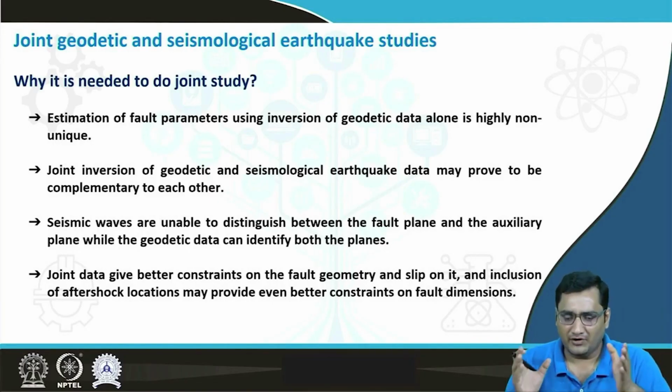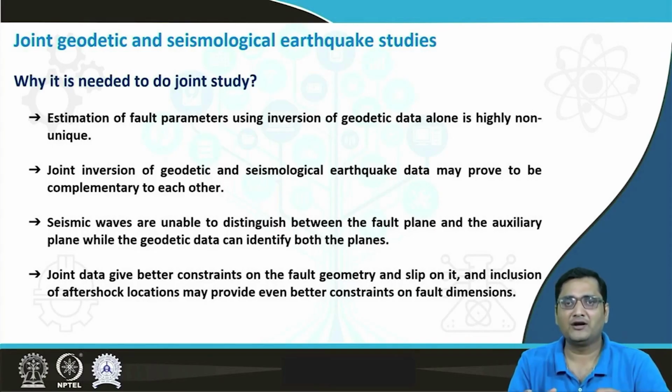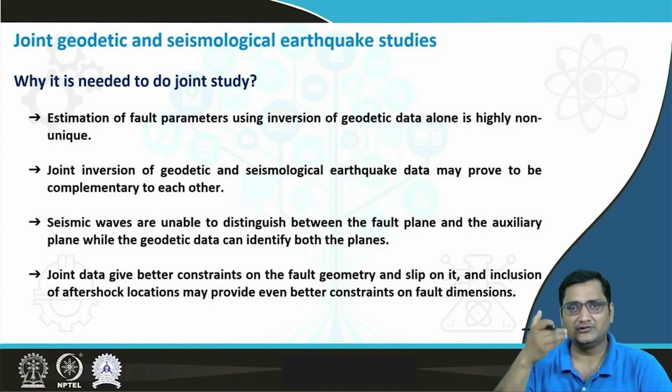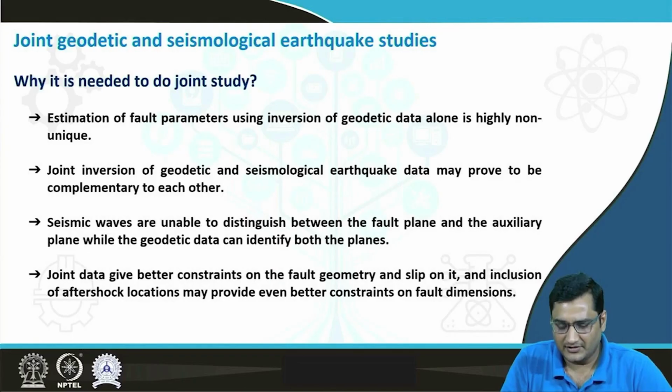So we have complemented the process by incorporating different constraints provided by different kinds of data sets. That is what we are going to talk about in the joint study of the geodetic and seismological earthquake studies. So that is what is written here.